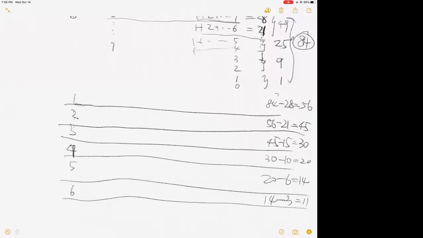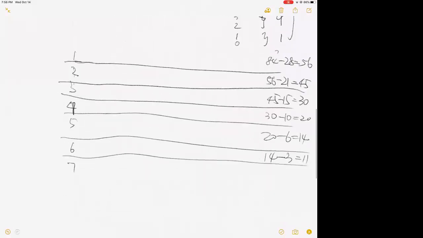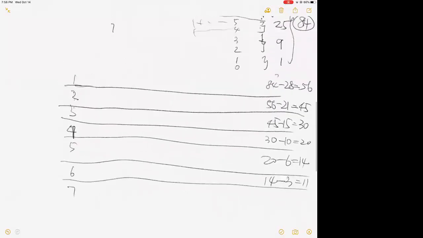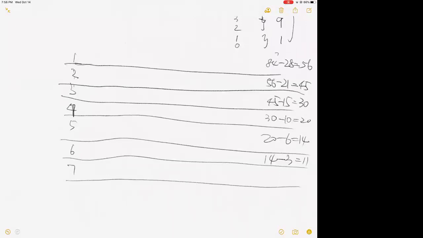And then for, wait, there's something wrong. What's wrong here? If it's 7, it's supposed to have 1, right?